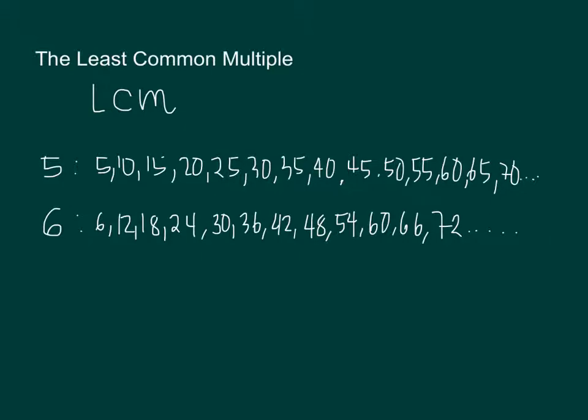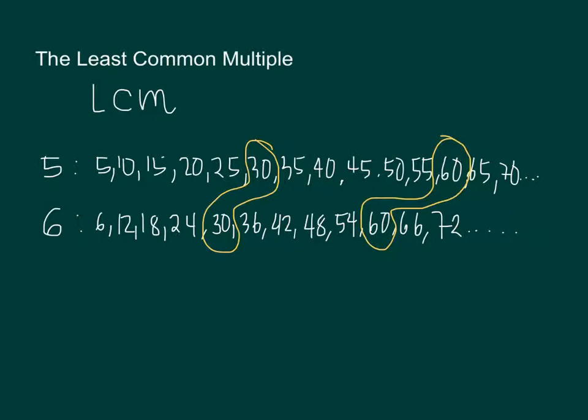Now if we look at the multiples of 5 and 6, we could see that 30 is a common multiple and also 60. And we can actually have a lot of common multiples of 5 and 6. So just for the list of multiples that we have right now, we could see two common multiples already, namely 30 and 60.